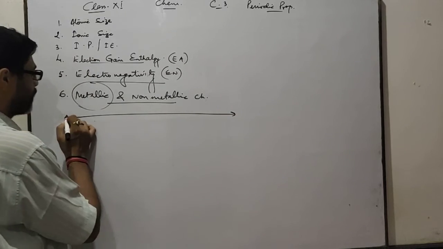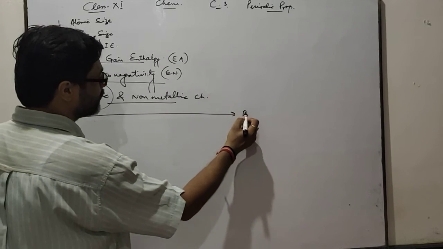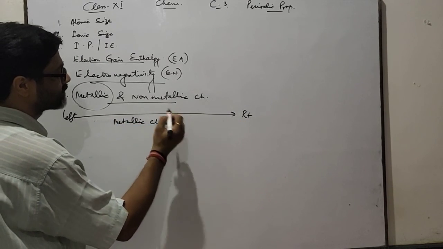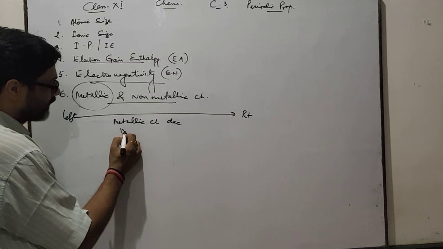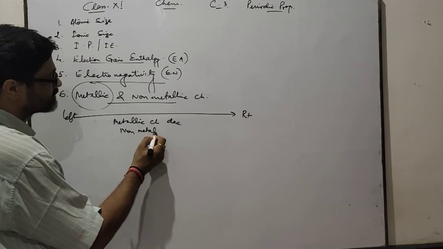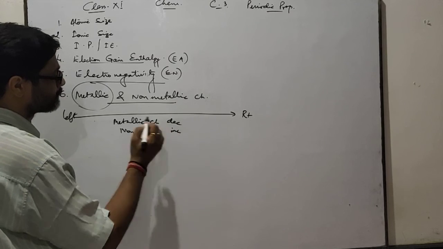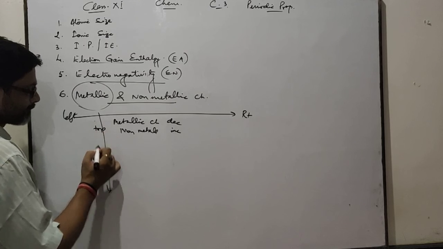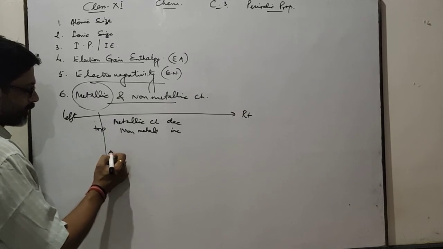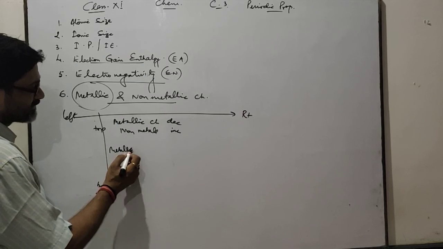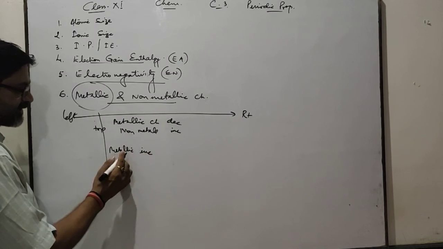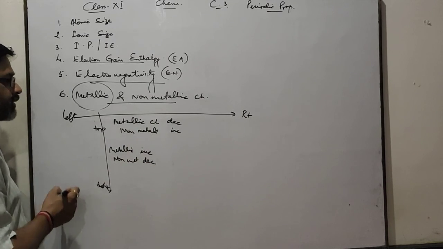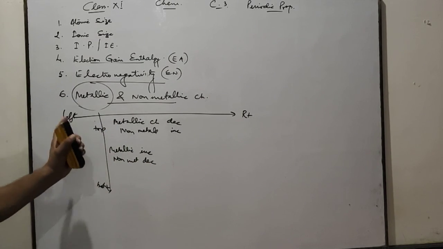Within any period, on moving from left to right, the metallic character decreases like atomic size, and non-metallic character increases. Within any group, on moving from top to bottom, metallic character increases like atomic size, and non-metallic character decreases. This is about metals and non-metals.